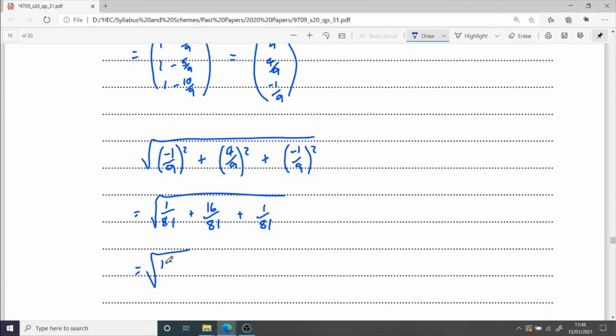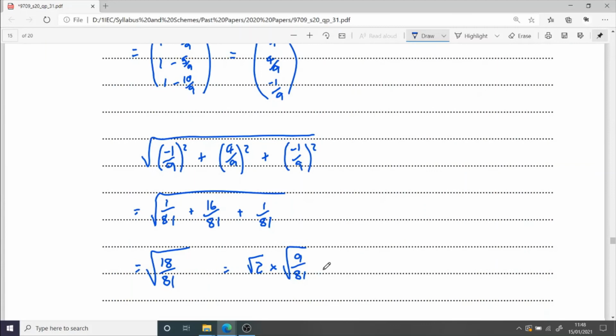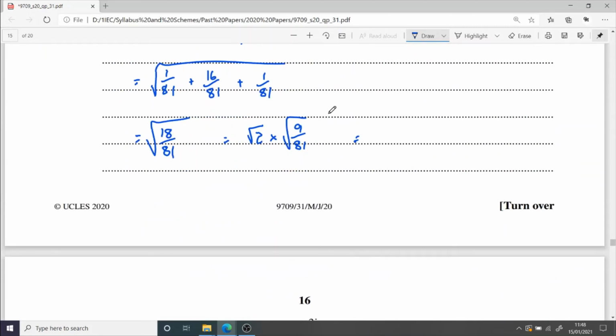So add those up and we get 18/81, which is √2 times by the square root of 9/81. 9 divided by 81 is just 1/9, and the square root of that is 1/3. So we get 1/3 times √2, or just √2/3. You can equally evaluate all of that using your calculator.